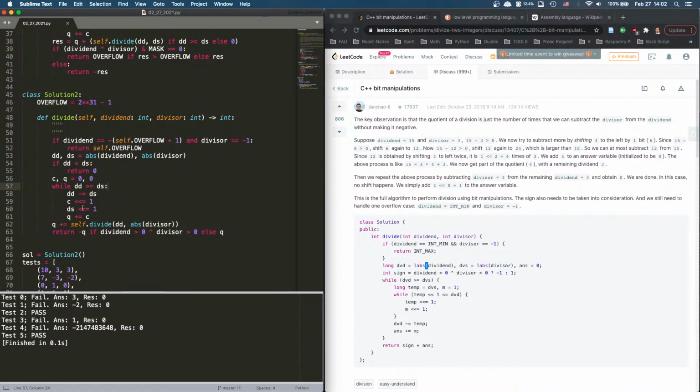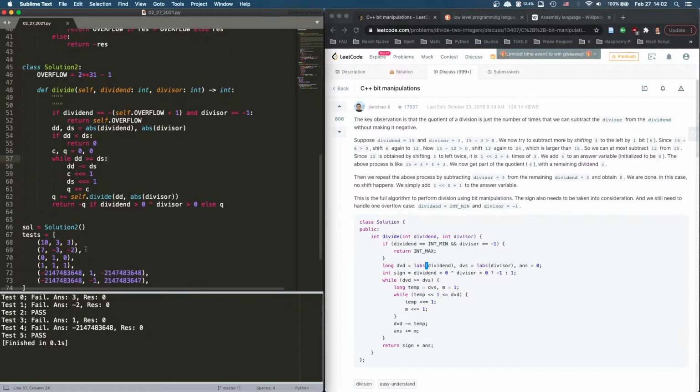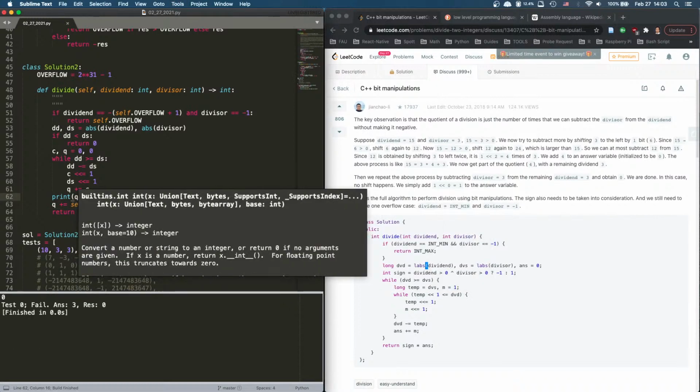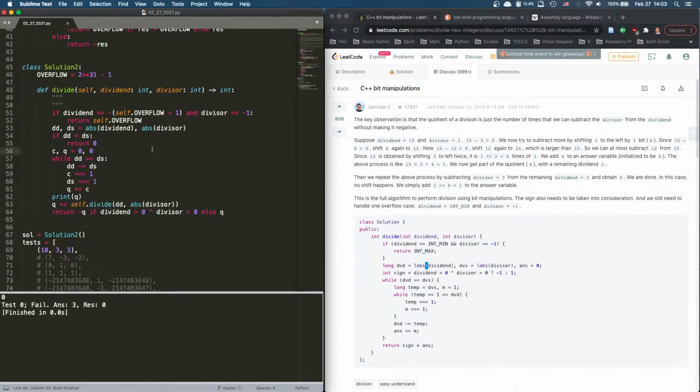We shall return 0. So Q, I do not understand, but I am going to just print Q. Let's see where things go wrong. Q is 0 initially. Wait, C does not increase? How?